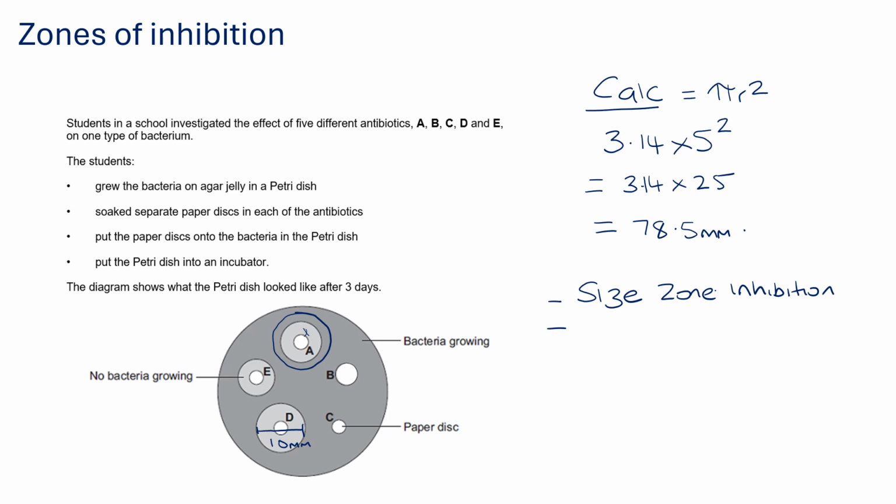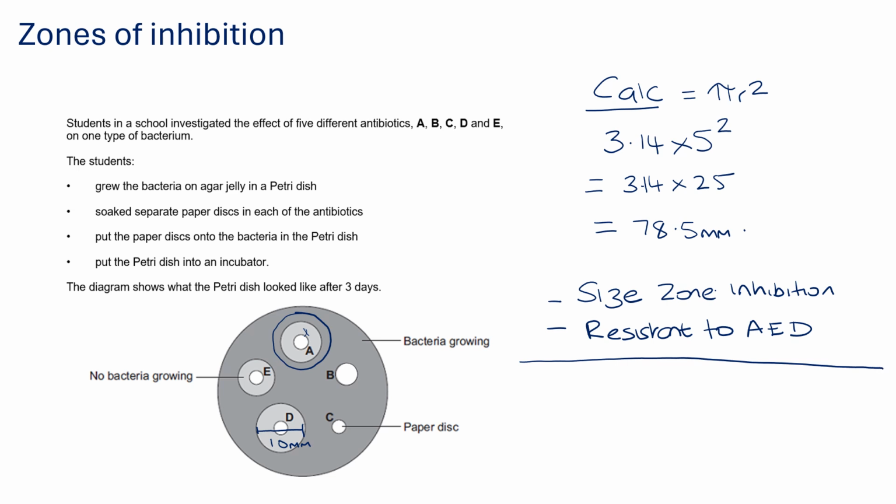But equally, they could ask you in the sense of the resilience of the bacteria. And in this case, then, you would say that the bacteria was more resistant to antibiotics A, E, and D.